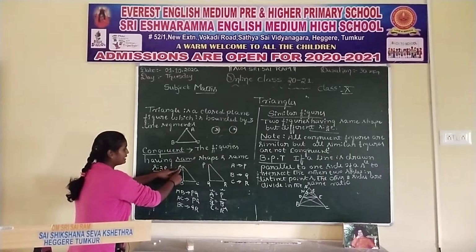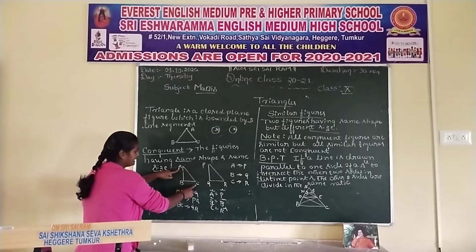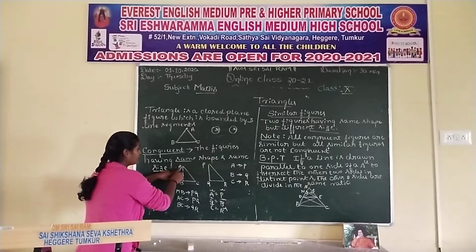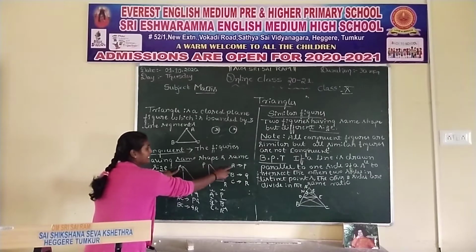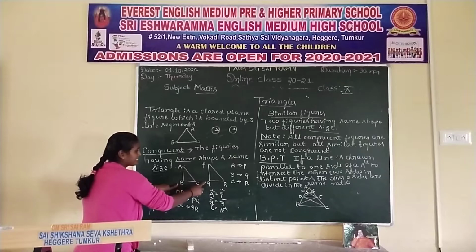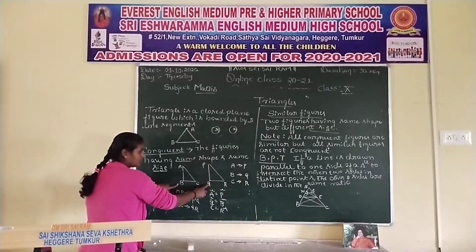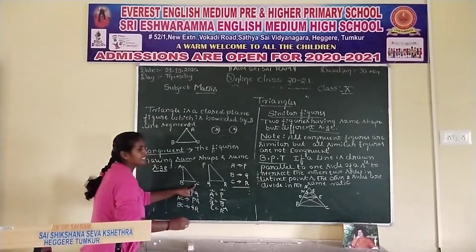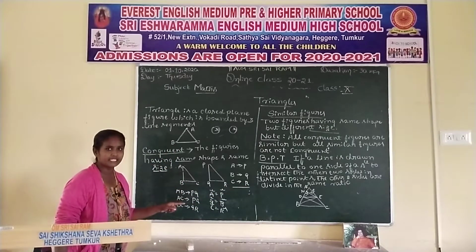See here, in triangle ABC and triangle PQR, point A corresponds to point P, point B corresponds to point Q, C corresponds to R. These are the corresponding points.